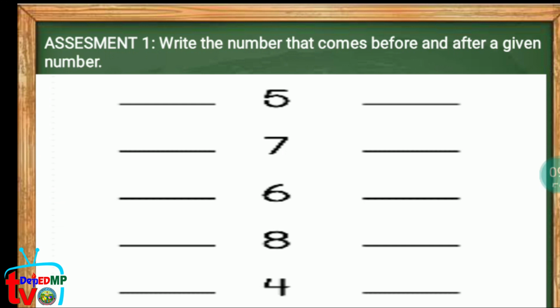What number comes before 4 and after 4? So write your answer on the lines provided before and after each given number. Your given time to do your answer on your module starts now.